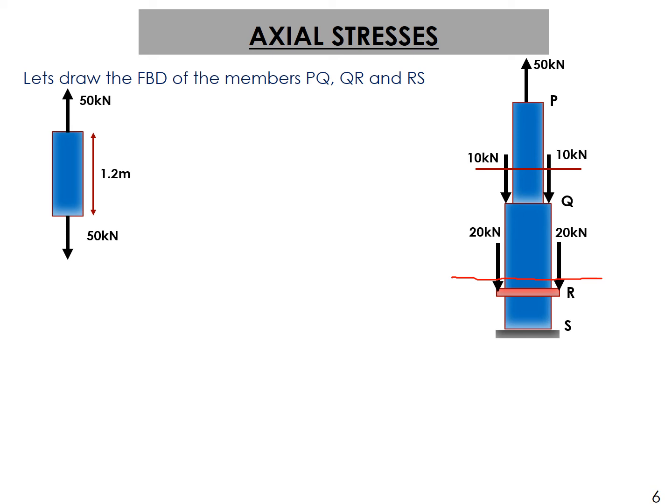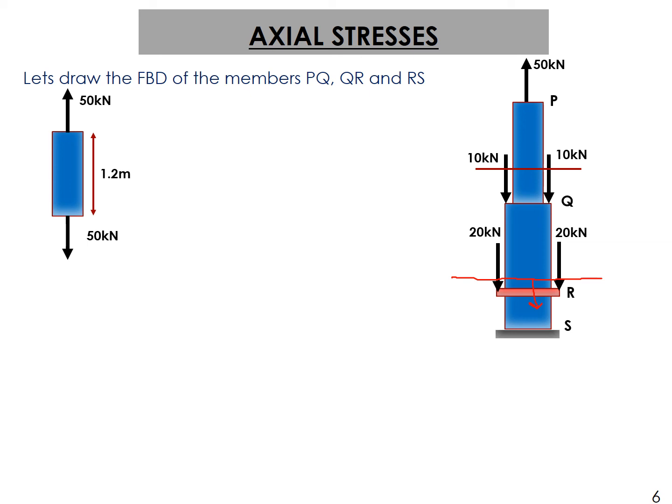In this case, we have 50 kN, which is a positive tensile load, and we have 10 and 10, that is 20. So 50 minus 20 gives you 30 kN. So a 30 kilonewton load will be acting here in this direction. As I told you, I will repeat: the loading above the section you have to consider.